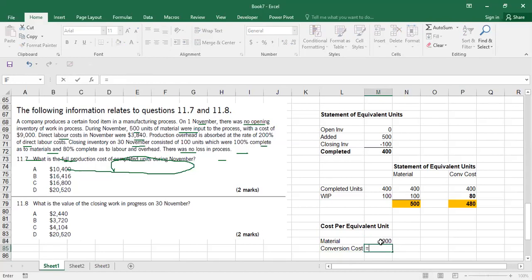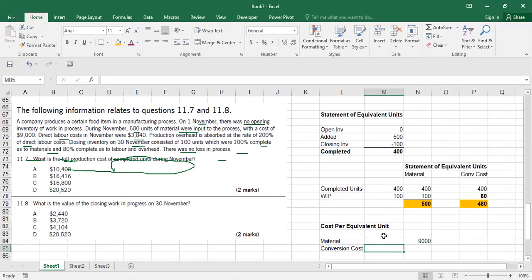Let me write down here 9,000 so that things will become clear. With respect to conversion cost, my conversion cost will be 3840 plus 3840 into 2. This 3840 is labor and another 3840 into 2 is because they told that overhead is 200% of labor cost.